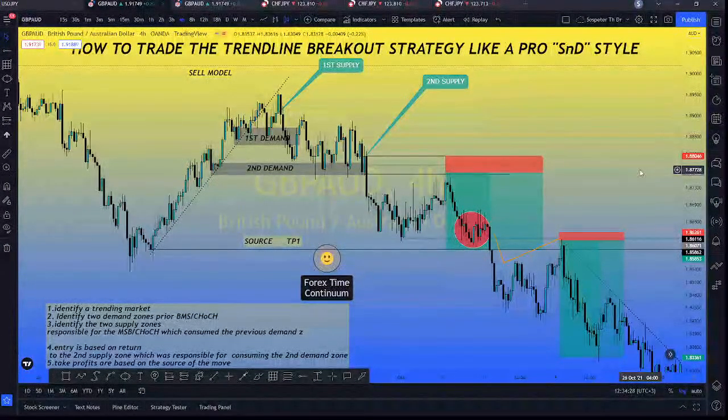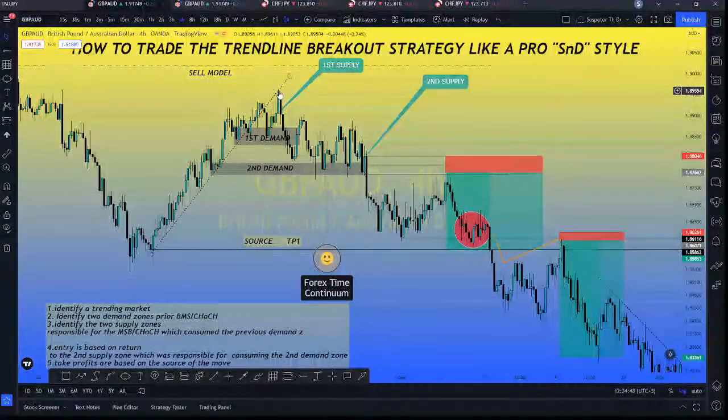Remember, you can use this model as a lower time frame confirmation. As the price is approaching your high time frame point of interest, you wait for the touch of the high time frame POI. Let's assume this is our high time frame point of interest.